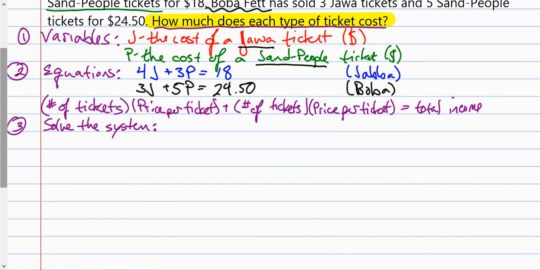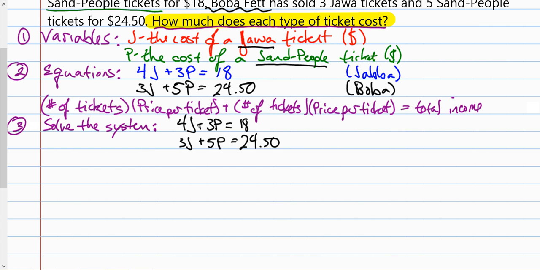So I almost always recopy my equations down just so I have them handy to work with. So I've got 4j plus 3p equals 18. And I have 3j plus 5p equals 2450.